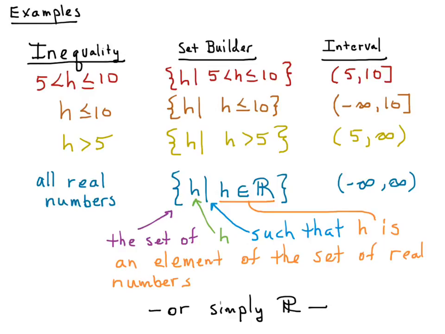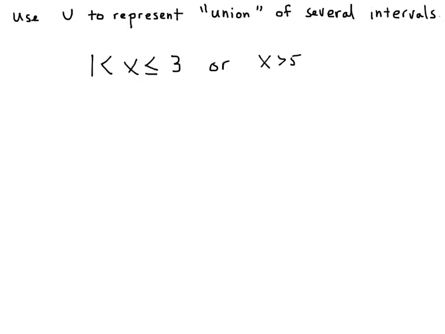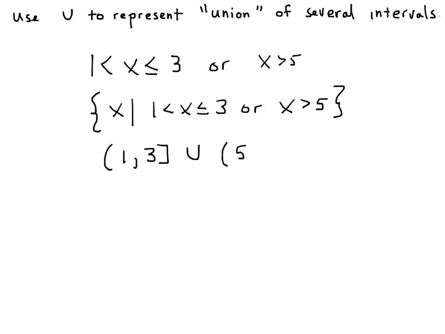Okay, so if we're going to represent more than one set or more than one interval, we use this funny looking U. If you see it written on a printed page, it's not quite the same font that you would use. It's really just a line that looks like a U. We use that to mean the union of several intervals, and so if x can be between 1 and 3, or x is greater than 5, in set builder notation we would just use the word or.